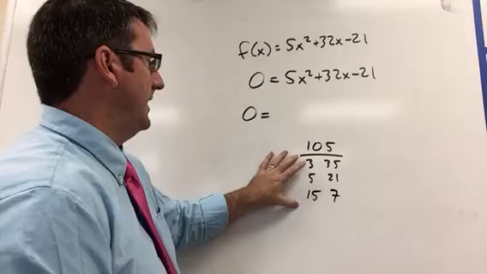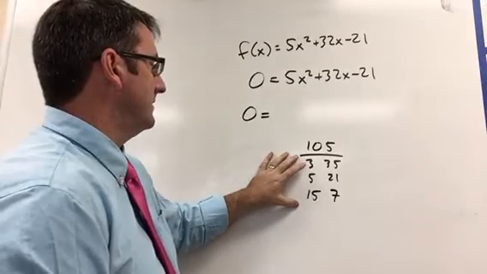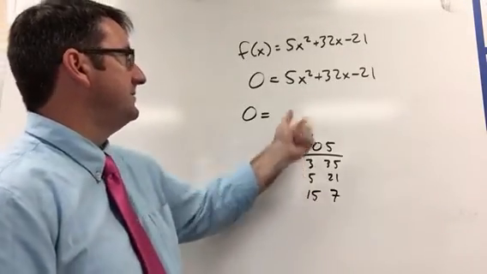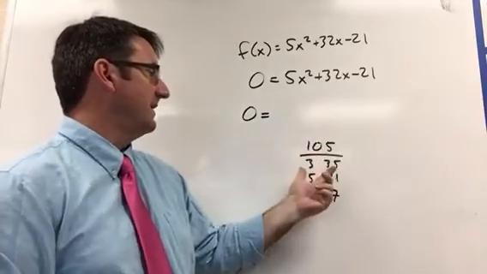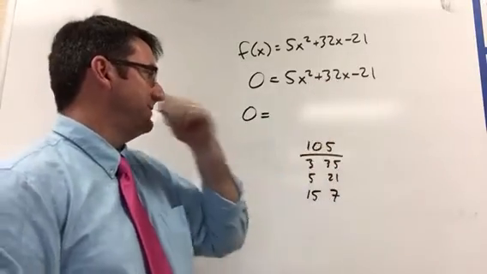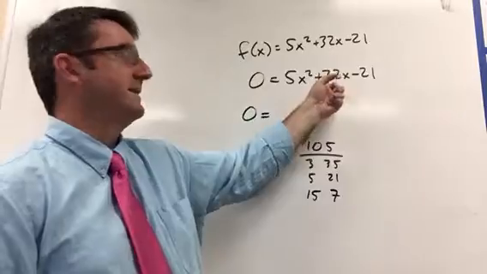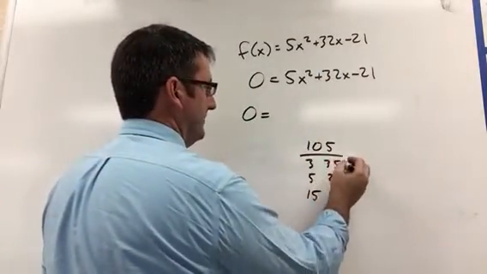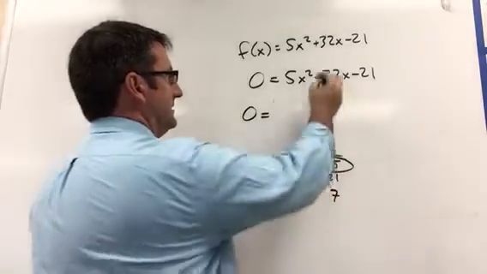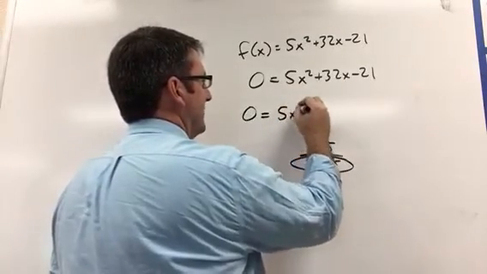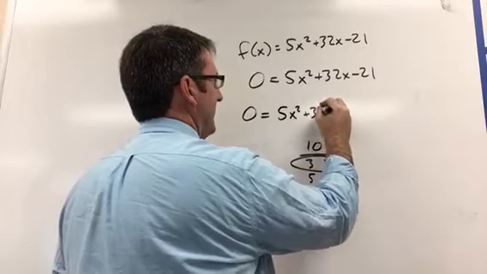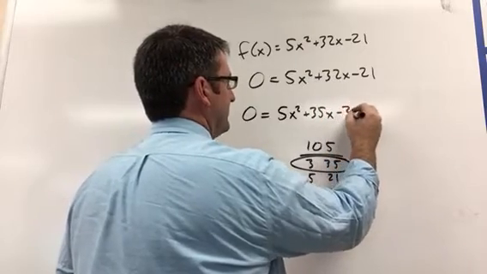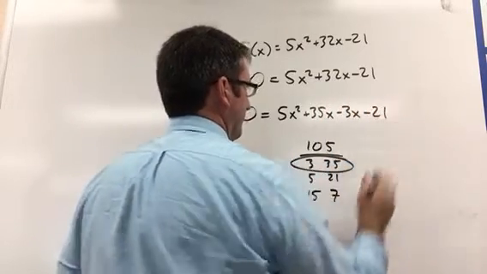All right, so what we need is 2 numbers that multiply to 105 and add to 32, or actually subtract to 32. So that's gonna be these 2 right here. So we could rewrite this as 5x squared plus 35x minus 3x minus 21.